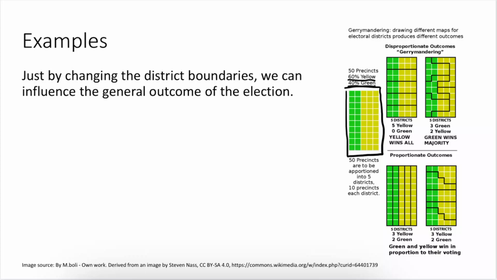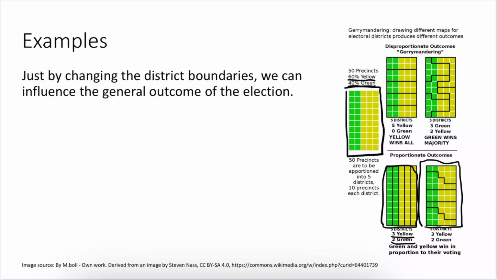And so a fair or proportionate way to split this up would be to split up the districts like this. Because if you look at how the districts vote, 3 of them would vote yellow or no, and 2 of them would vote green or yes. And there are many ways you could split it up in a proportionate way. You could also split it up like this, where 3 of the districts would vote yellow and 2 of them would vote green.